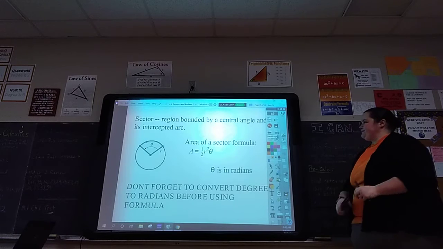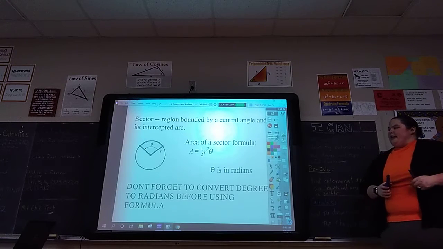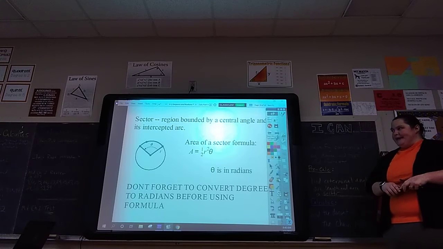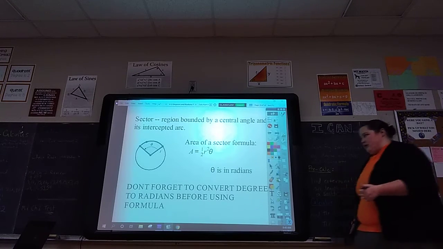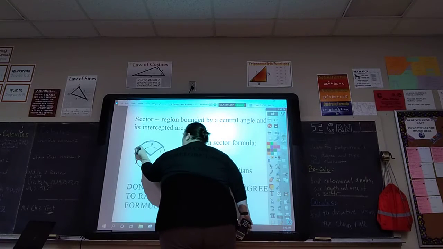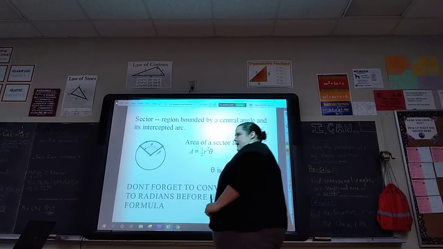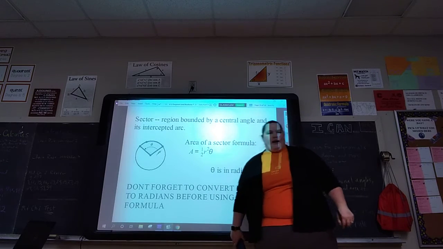Alright, last little thing. The other thing that happens with this is if you're given a radius and a radian, you can actually not only find the arc length, this little distance, you can actually find the area of that little wedge that's created.